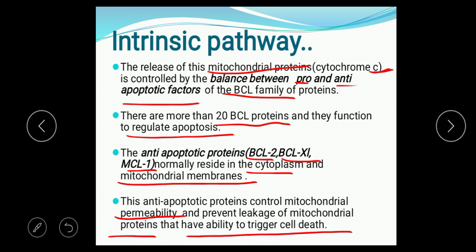We have already discussed the anti-apoptotic molecules. They are the molecules that inhibit the apoptosis process. And how do they inhibit? They inhibit by preventing the leakage of mitochondrial proteins, that is cytochrome C, from the mitochondria, which triggers cell death.